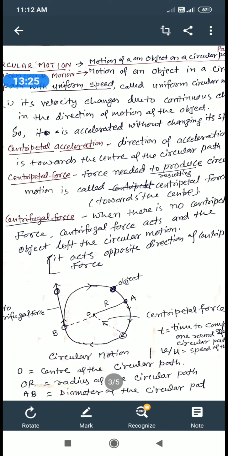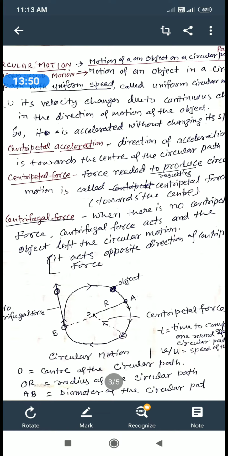Object leaves the circular motion and it goes straight. So centripetal force and centrifugal force do not act at a time. Centripetal force left, then centrifugal force acts.